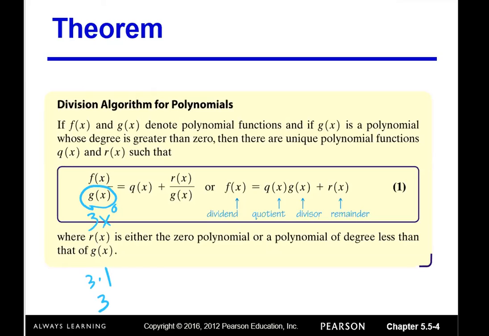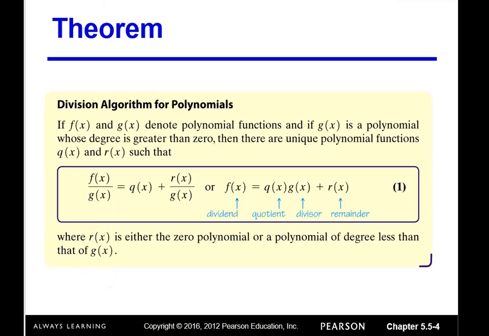You're dividing it by a constant. So they just have to throw that in there just to make sure that you realize that this whole division thing applies to dividing by a polynomial, not just a number. That's why they say that.